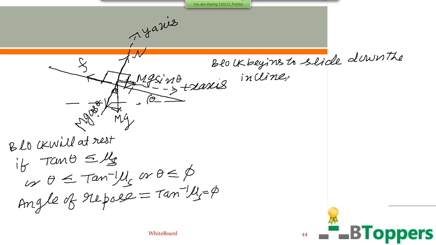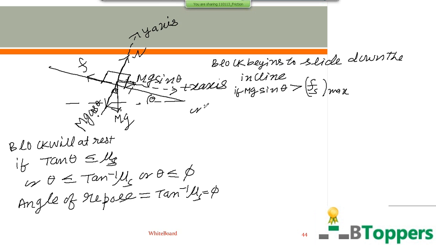under the action of the forces mg, normal reaction and friction, if the magnitude of the component mg sin theta, which tends to move the block down the inclined plane, is greater than the limiting friction or maximum value of static friction between the two surfaces.